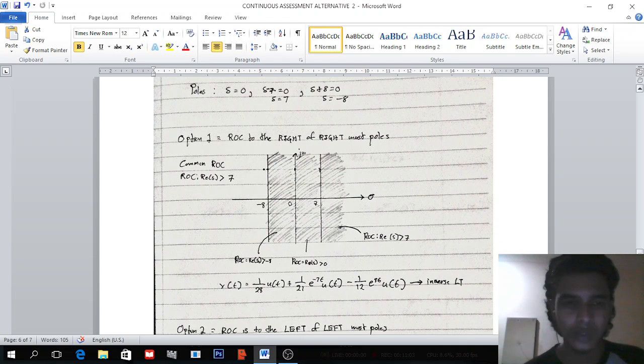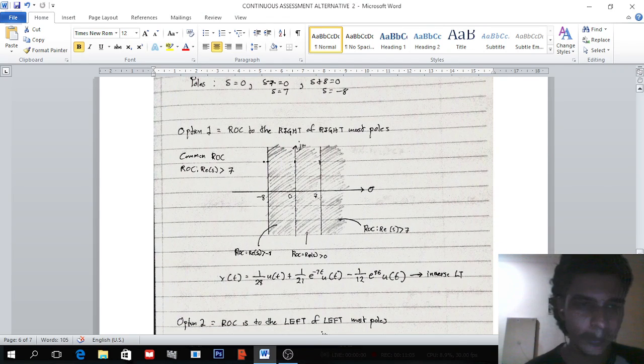So as for option 1, there were 3 options. For option 1, the ROC is to the right of the rightmost pole, so it would be on the right side, a common ROC with real part greater than 7. So here it would be ROC real part 7, the middle would be ROC real part 0, and here would be ROC real part negative 8.